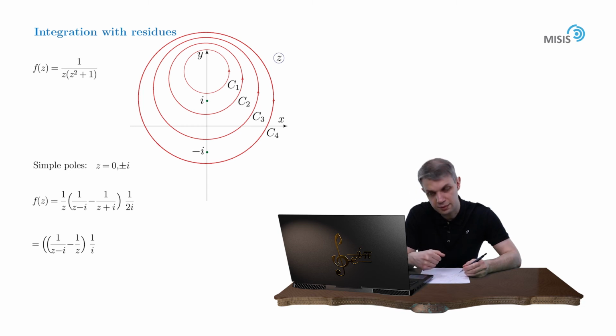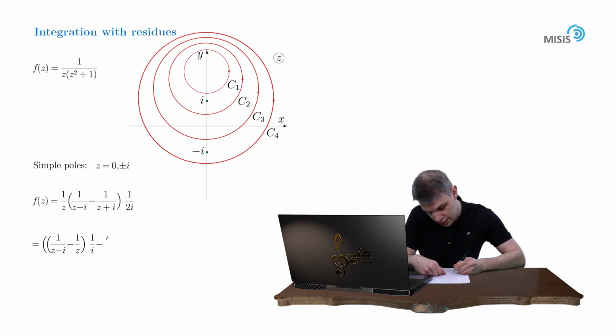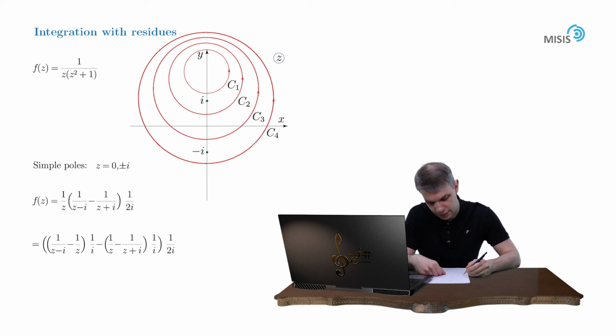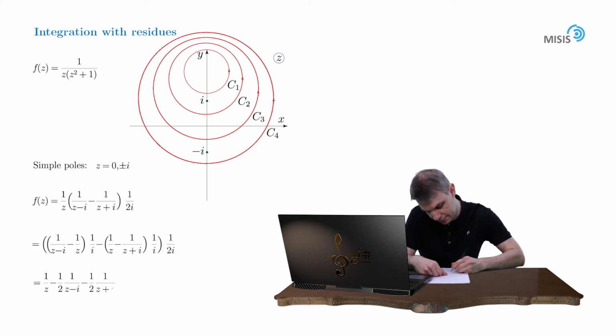The same goes for the next product. We decompose it as 1 over z minus 1 over z plus i, multiplied again by 1 over i. And combining similar terms, we obtain 1 over z minus 1/2 of 1 over z minus i and minus 1/2 of 1 over z plus i.